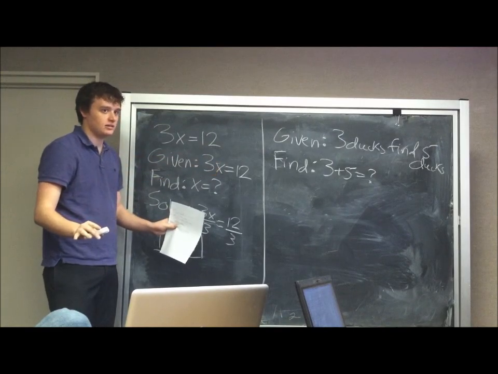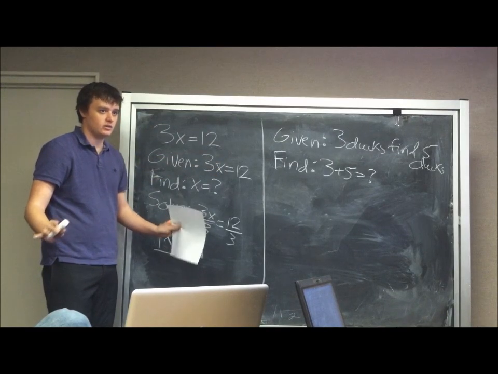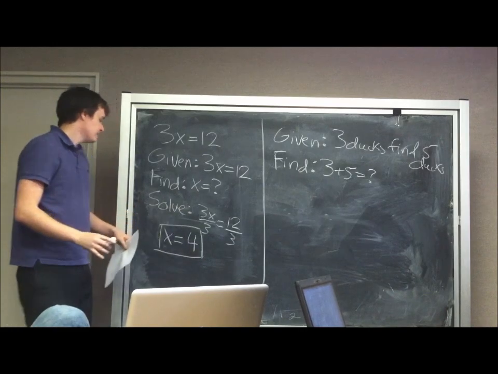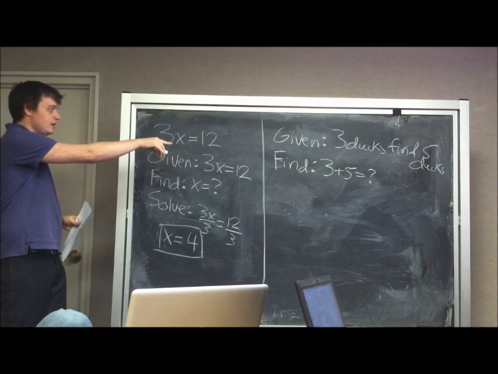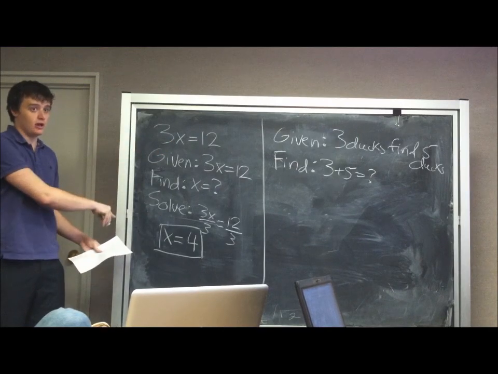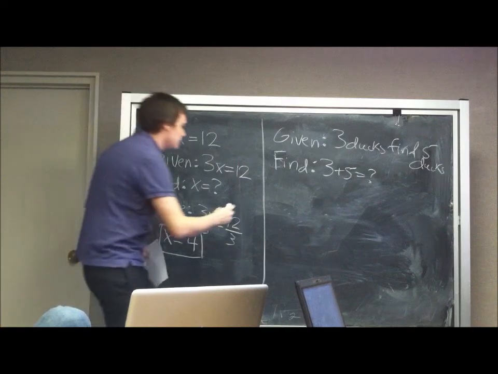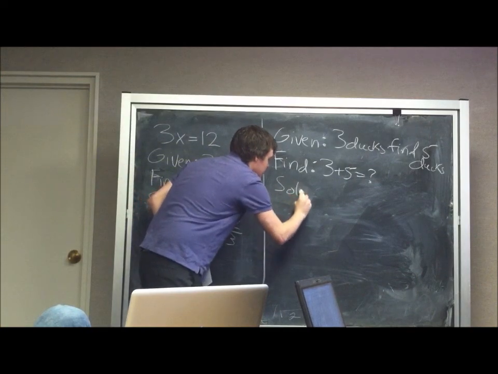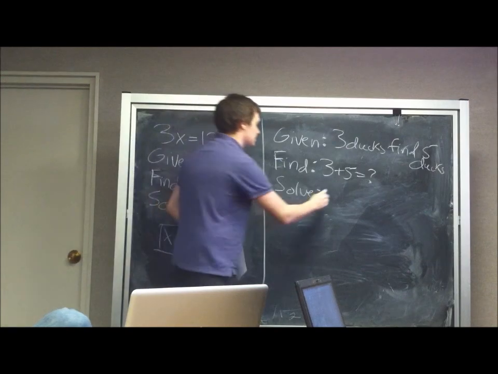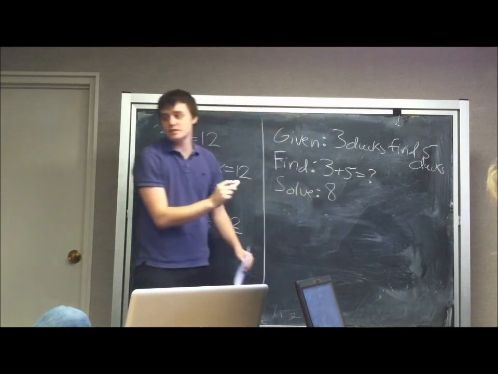Does everyone understand that so far? I don't want to lose anybody here. I think I got it. Okay. Good. Now, so we have 3 plus 5 equals something. And now what's the next step? We're going to solve. Okay? And someone just shout out what 3 plus 5 equals? 8. 8 what units, please?